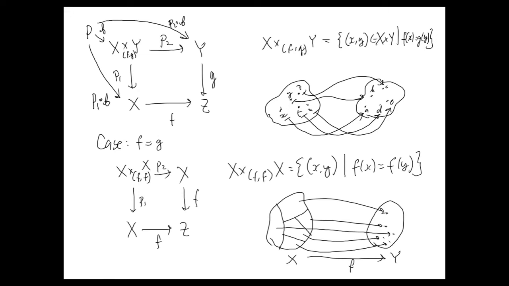So then our pullback is nothing other than the equivalence relation that generates this partition.